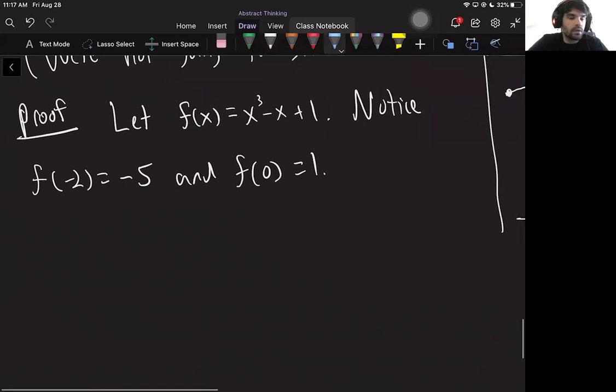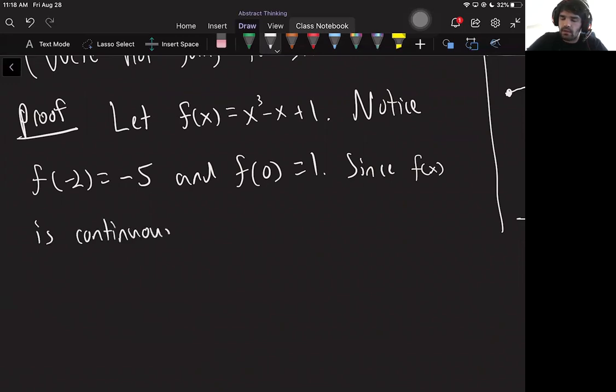Okay, so here we're making a couple of jumps in logic though, because we're not proving calculus from the ground up. So we're just going to remember that this kind of function, because it's a polynomial, is continuous. I might not know how it looks, but I know it's continuous, meaning I don't have to pick up my pen when I draw it.